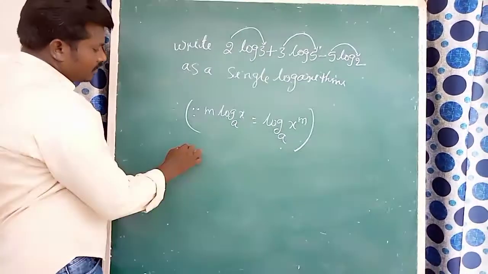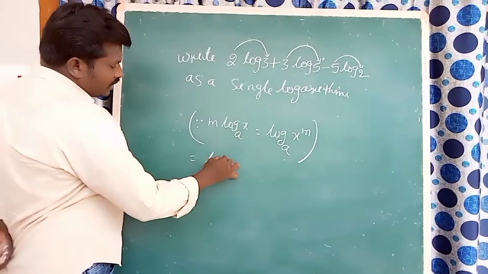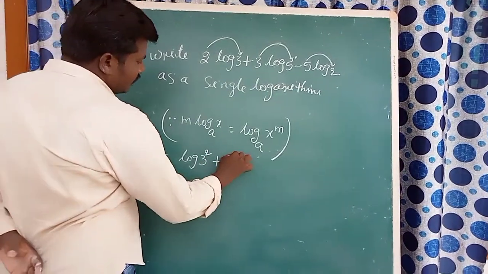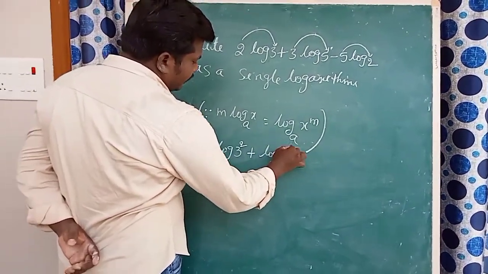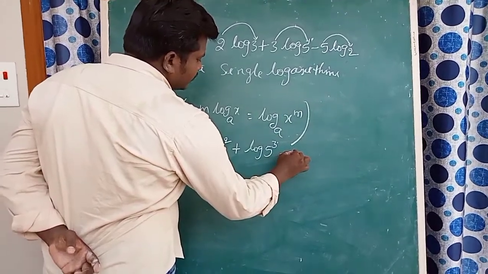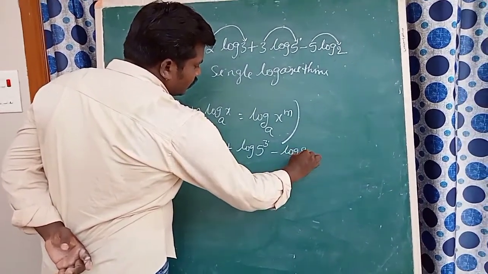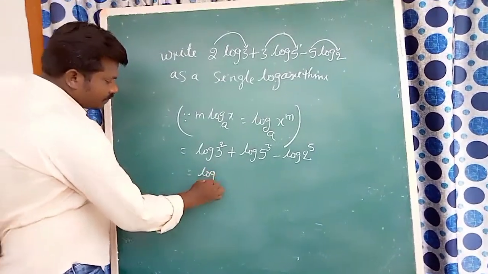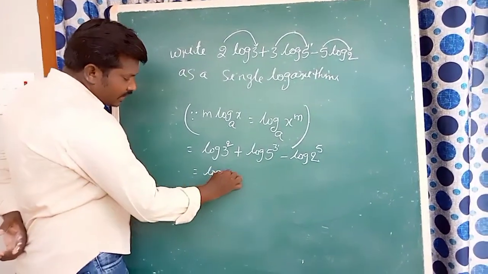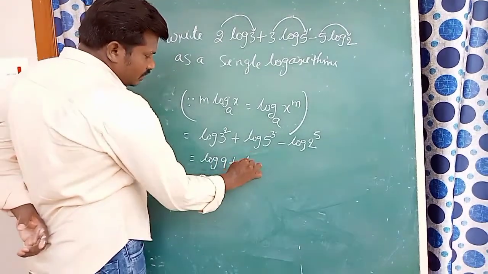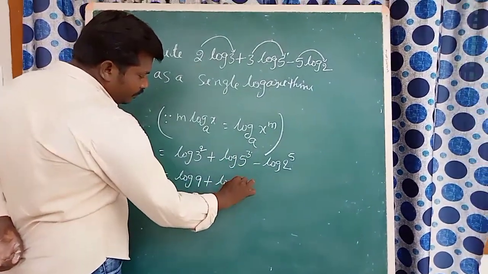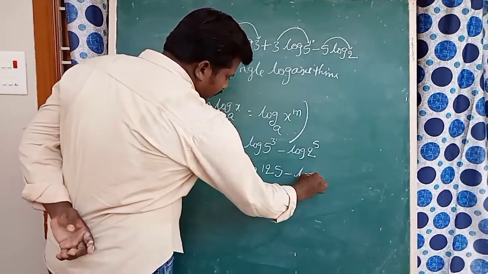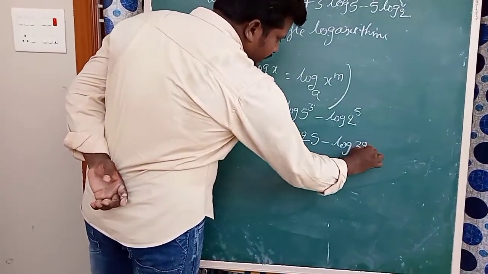Write down log 3 square plus log 5 cube minus log 2 power 5. Here log 3 square means 9, plus log 5 cube means 125, minus log 2 power 5 is nothing but 32.